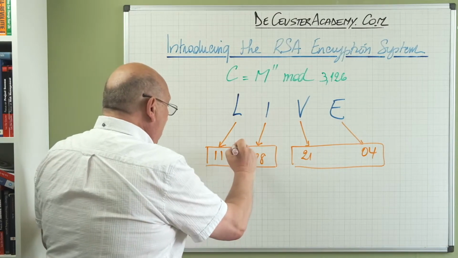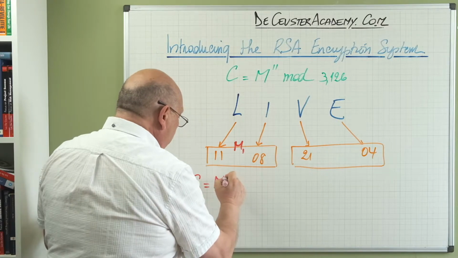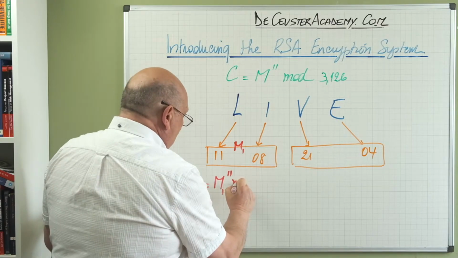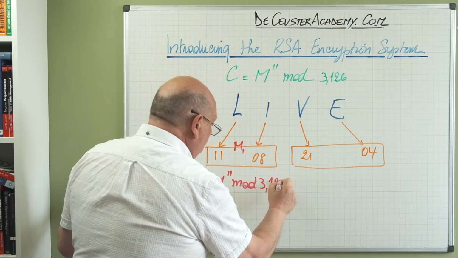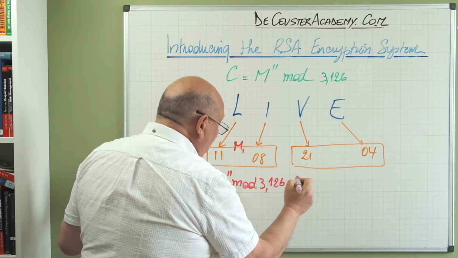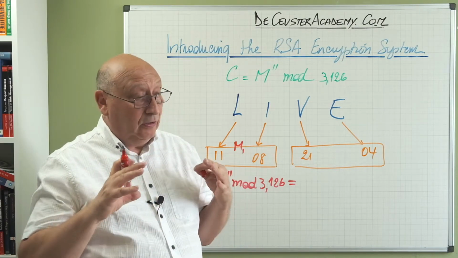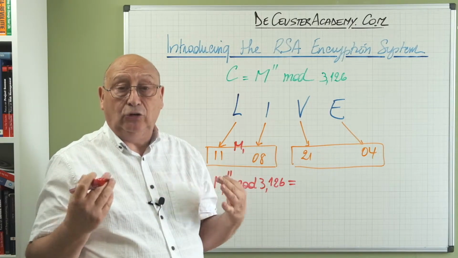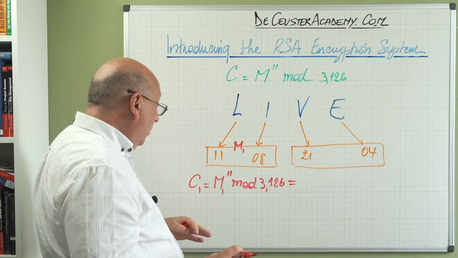And now we are going to apply the formula. So let's call this M1, and we find C1 is M1 to the power 11 modulus 3127. And you can do that in different ways. You can use a website to do this. You can use the modular exponentiation that can be done.